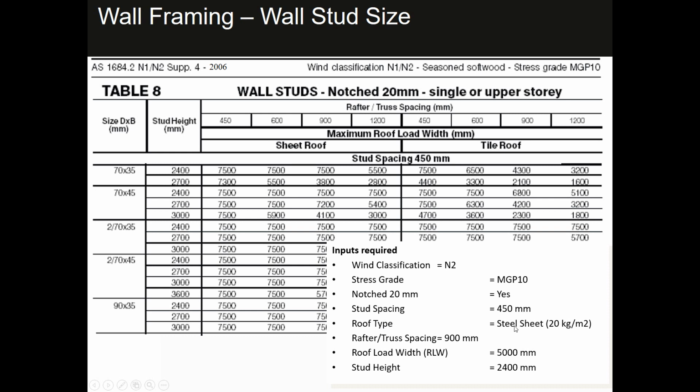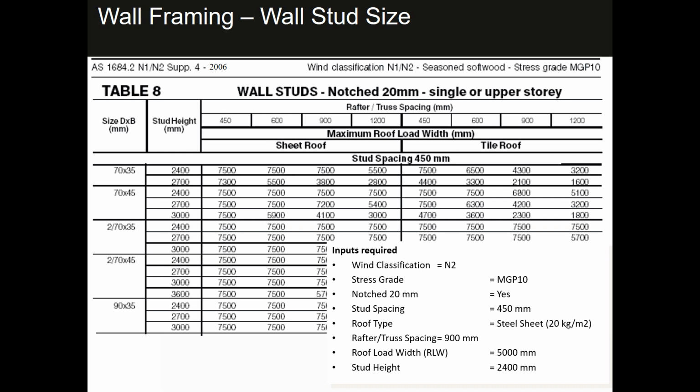Our roof type is sheet, 20 kilograms per square metre. We don't have that on the table. Got rafter truss spacing of 900. So we're dealing with this column here.